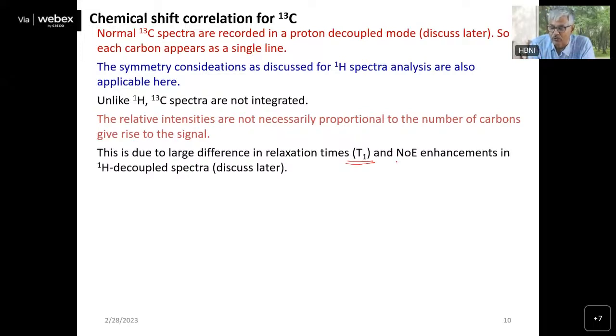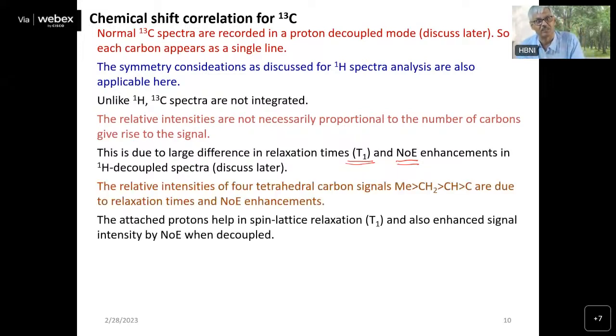Also, when we are using decoupled spectra, there is NOE enhancement in carbons where protons are attached; we will discuss the nuclear Overhauser effect. So remember that unlike proton NMR, carbon-13 spectra are not integrated, for these two reasons, which we'll discuss in future classes.